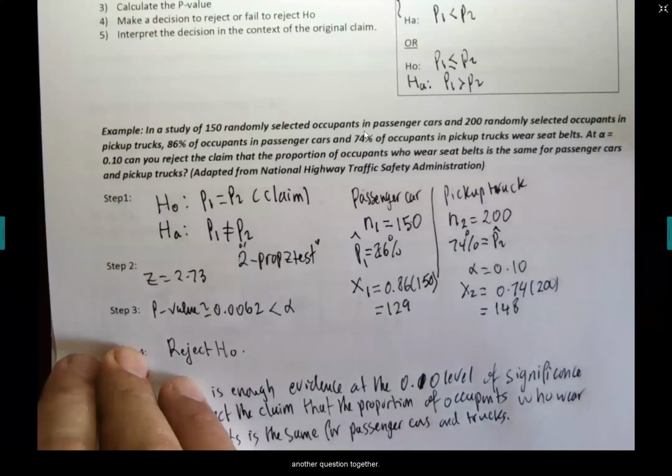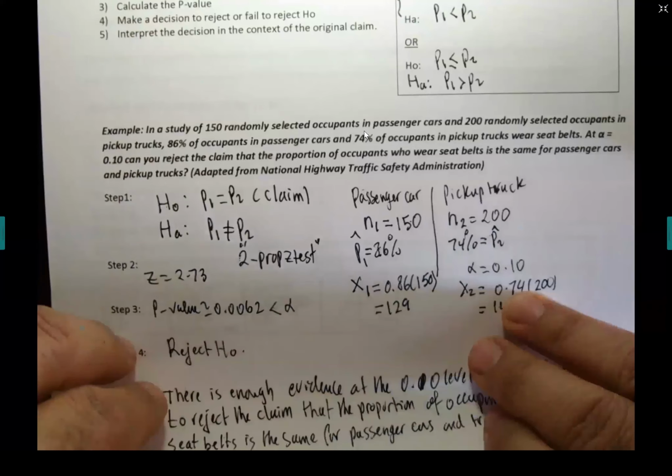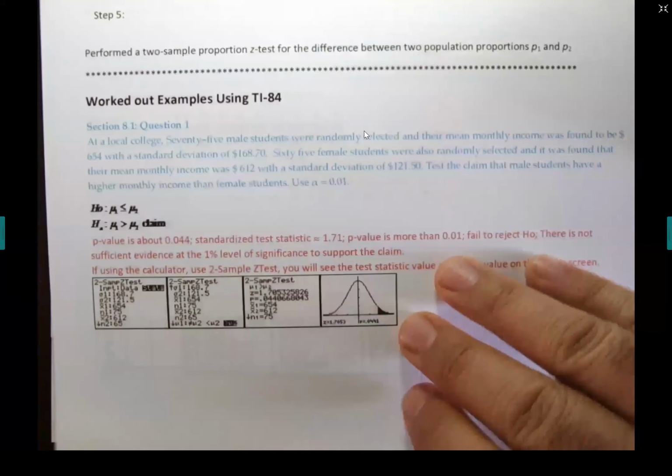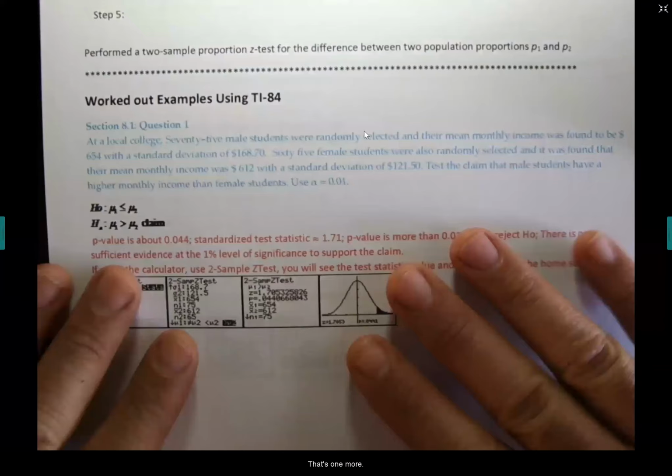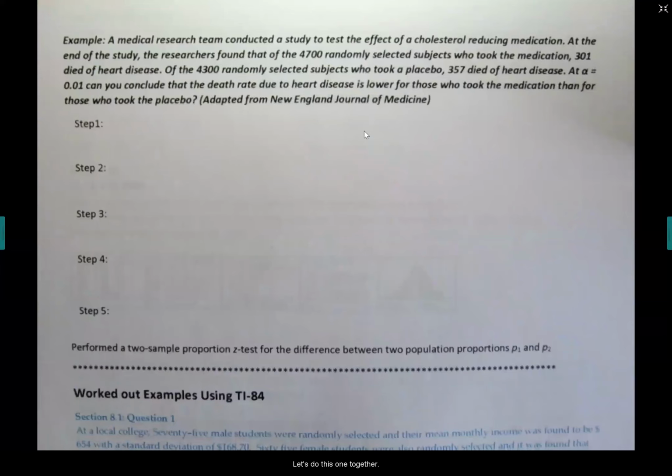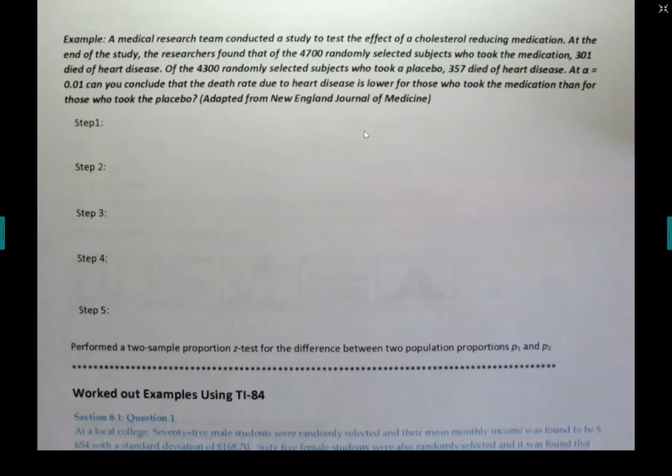We're gonna do another question together. There you go. That's one more. Let me just get it ready. Let's do this one together. A medical research team conducted a study to test the effectiveness of a cholesterol-reducing medication.